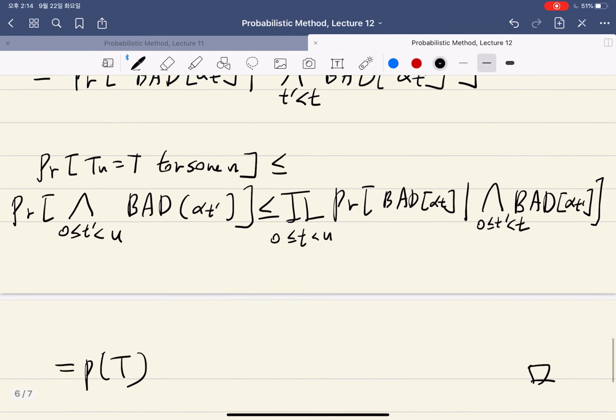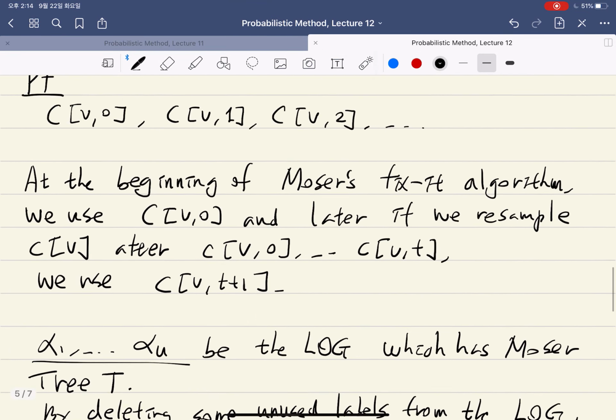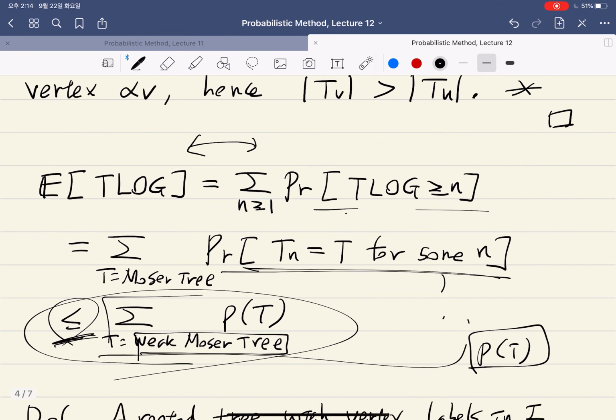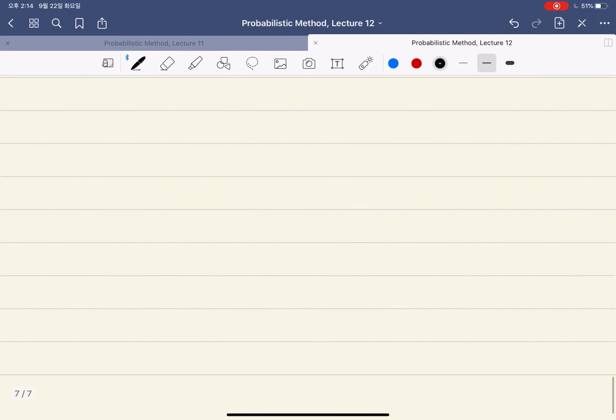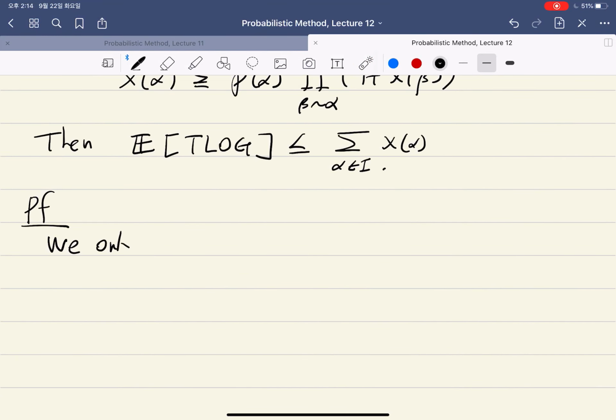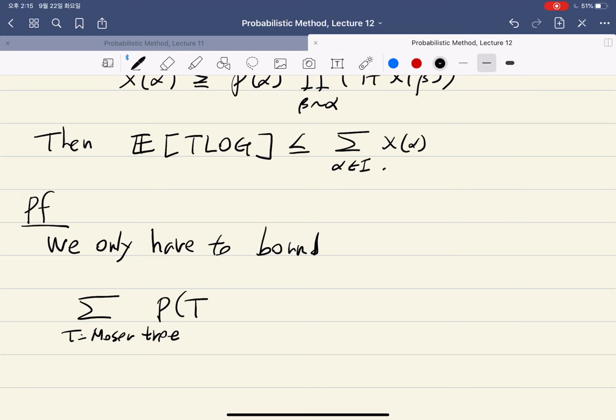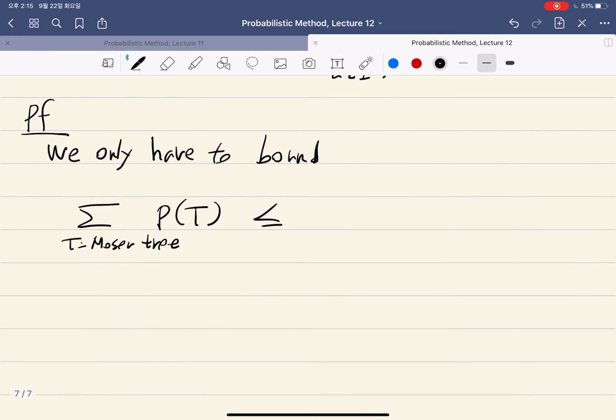So, as we discussed here, we only have to bound this quantity, the summation of all PT for module tree T, and it can be upper bounded by the summation of PT for all weak module trees.